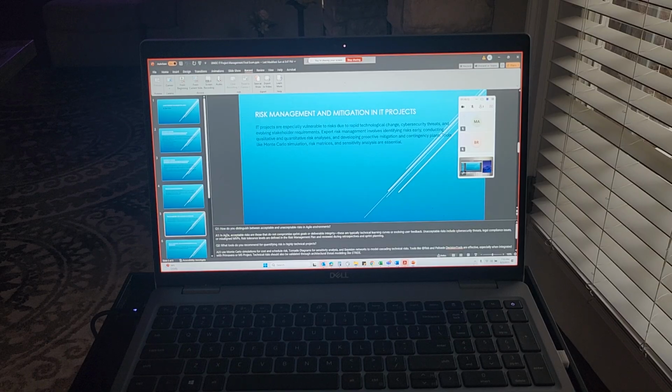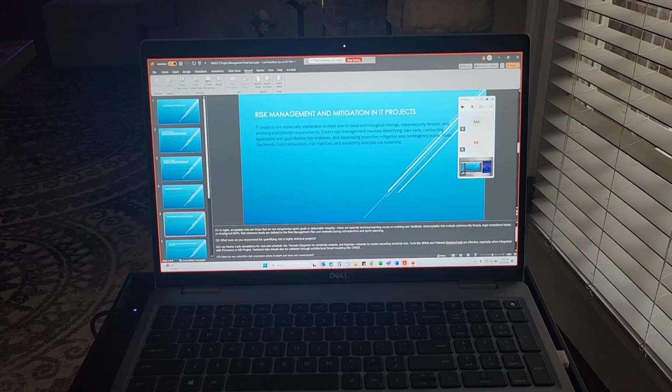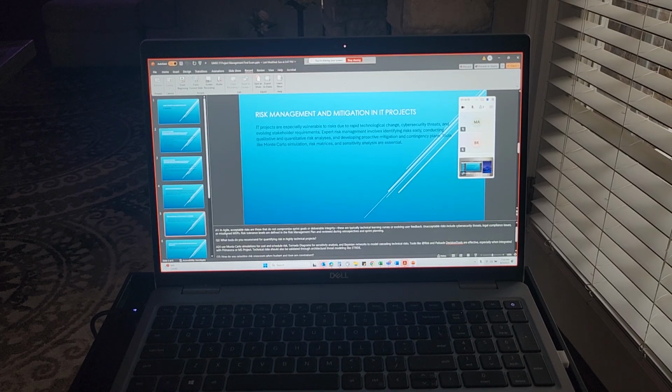What tools do you recommend for quantifying risk in highly technical projects? Great question. So we use Monte Carlo simulations for cost and schedule, tornado diagrams for sensitivity analysis, and Bayesian networks to model cascading technical risk.